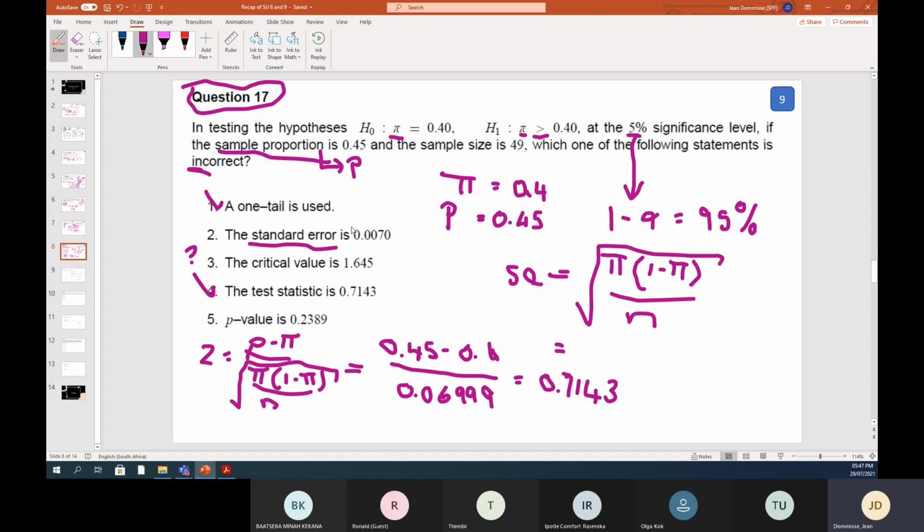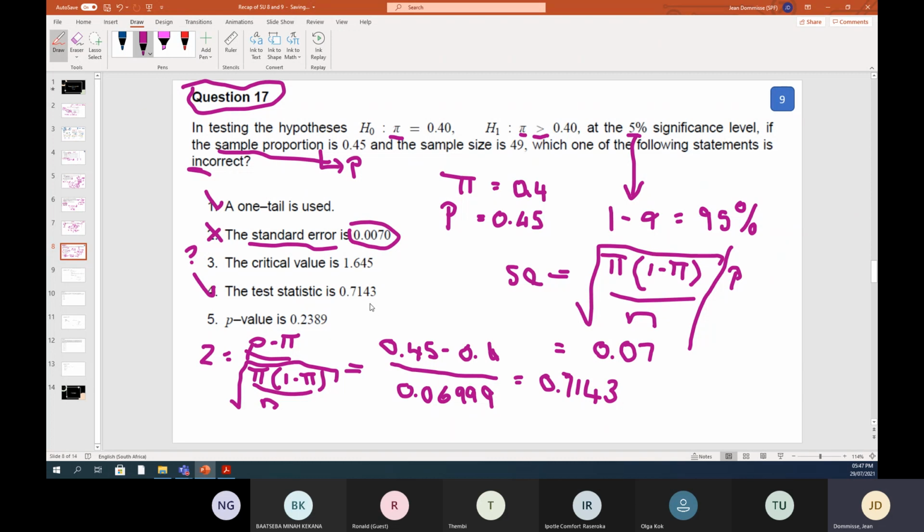Okay, because I get something different. I don't get that. Even if we worked it out, I get 0.07. And it doesn't matter if I use that over proportion part, I get 0.07. Okay, not 0.007. So that one is wrong. So we need to check that one again.